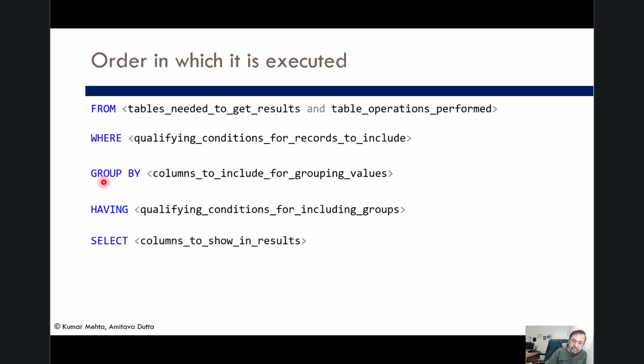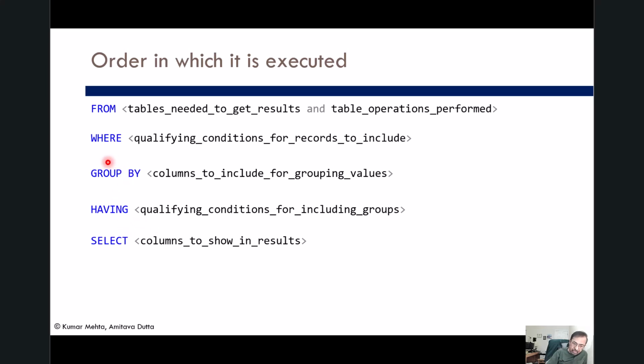And after that, if they exist, if those clauses are there in the select command, the GroupBy and the having are executed. And at the very end, we do select. Select clause pulls out certain columns from the result. So the select clause is executed last. That we know from our previous example. What we are doing now is these two clauses, GroupBy and having, that are associated with the aggregation concept.